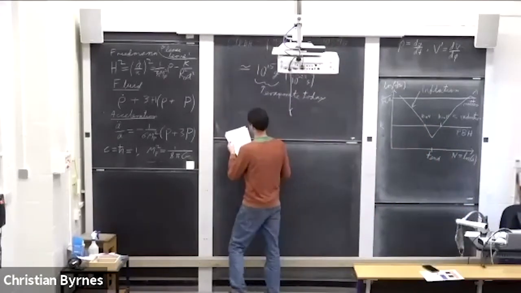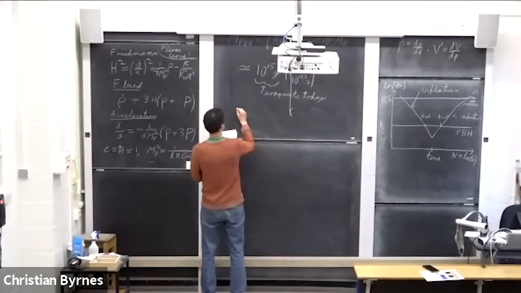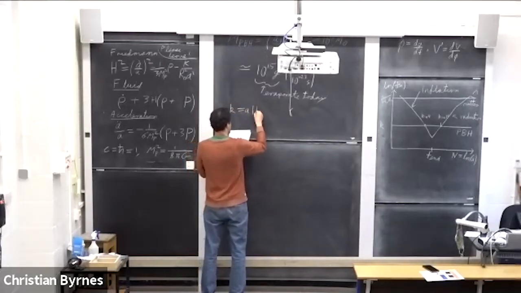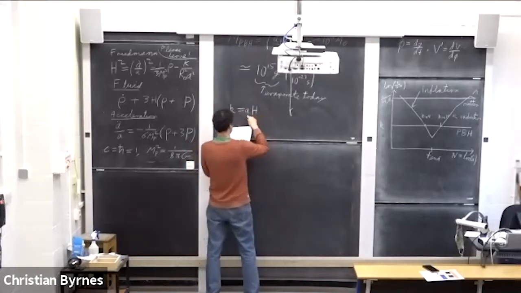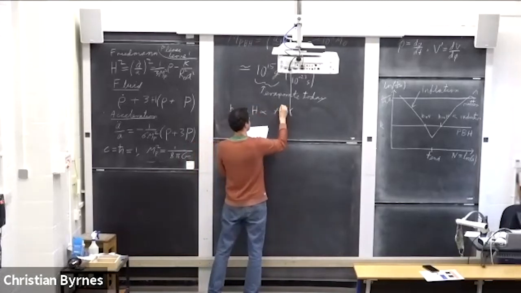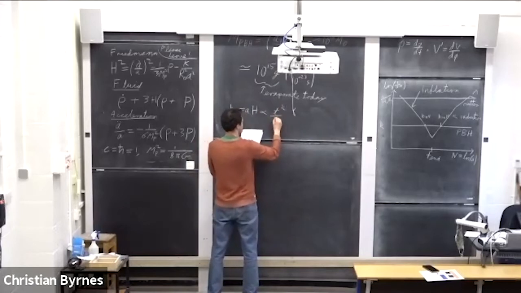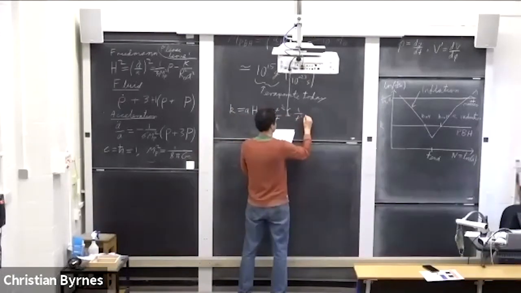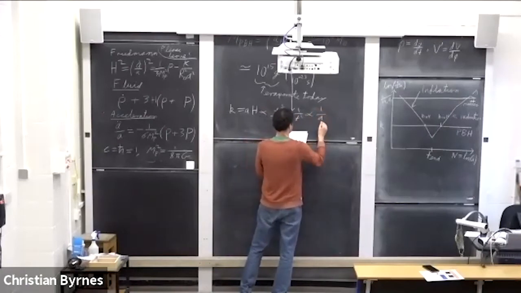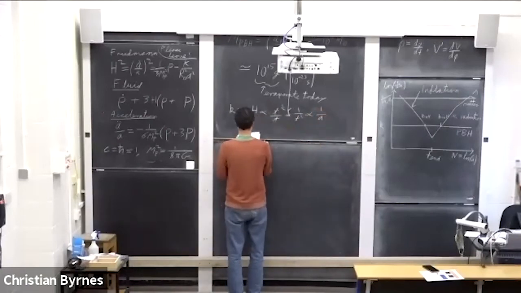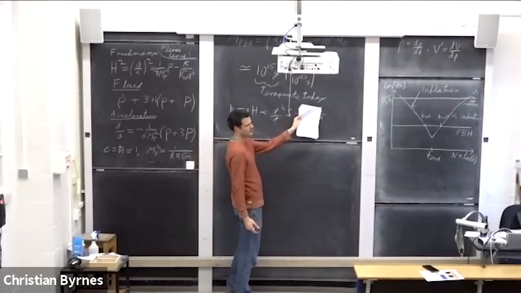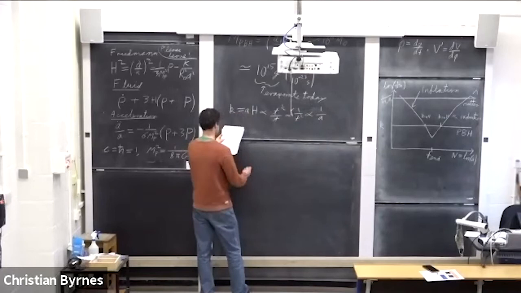co-moving wave number. Remember k equals aH at horizon entry. So a is proportional to t to the half, H is proportional to 1 over t, so H is proportional to 1 over a. That means the horizon mass is proportional to a squared, which is k to the minus 2.